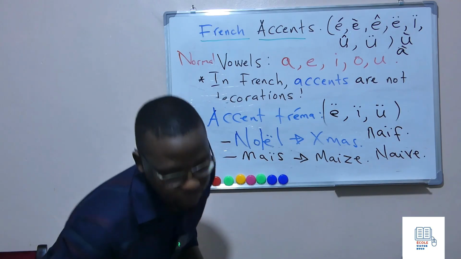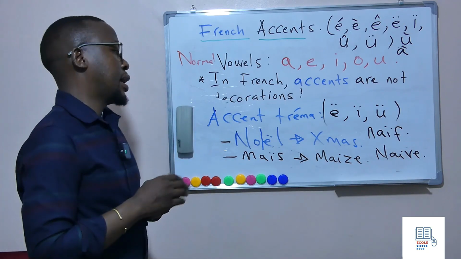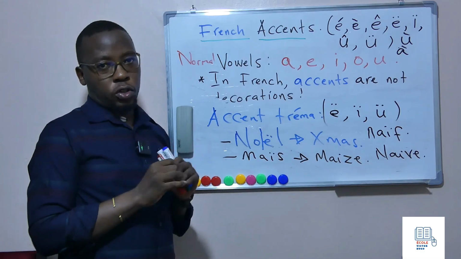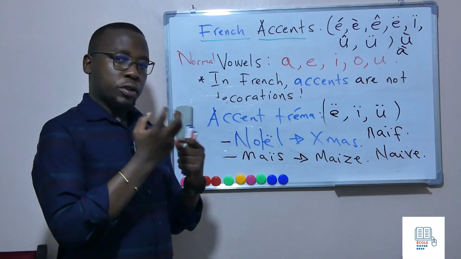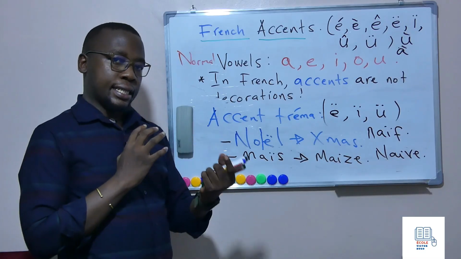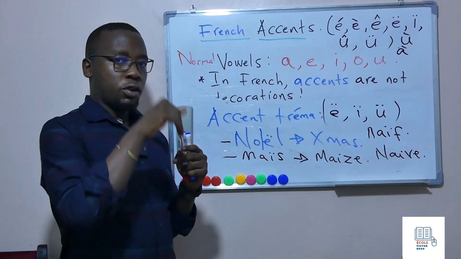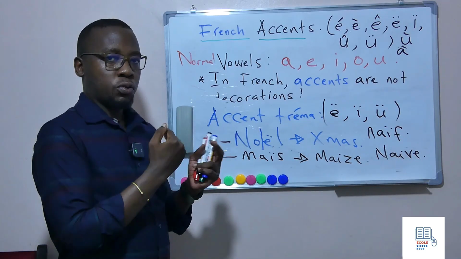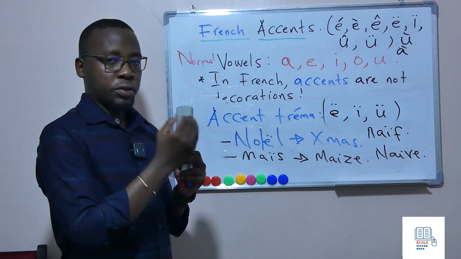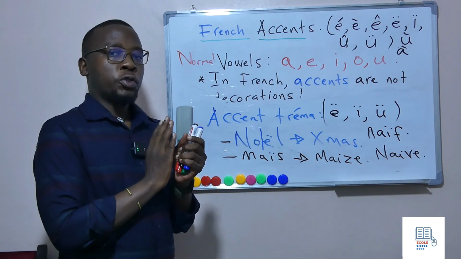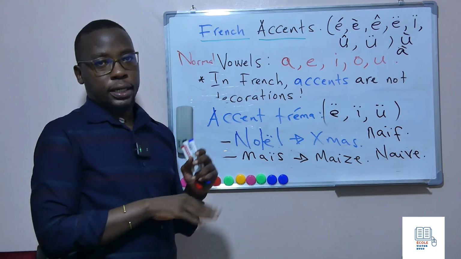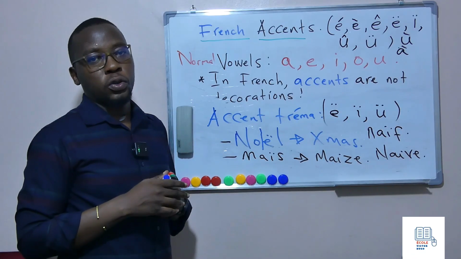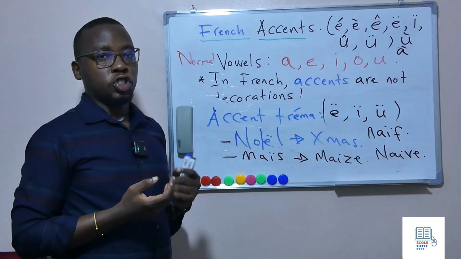So accents are like musical notes. Okay, let us look at them like musical notes. They show the variations, the changes in the pronunciation, the highness and lowness. They give rhythm to words, rhythm to pronunciation. They also help to create tone.